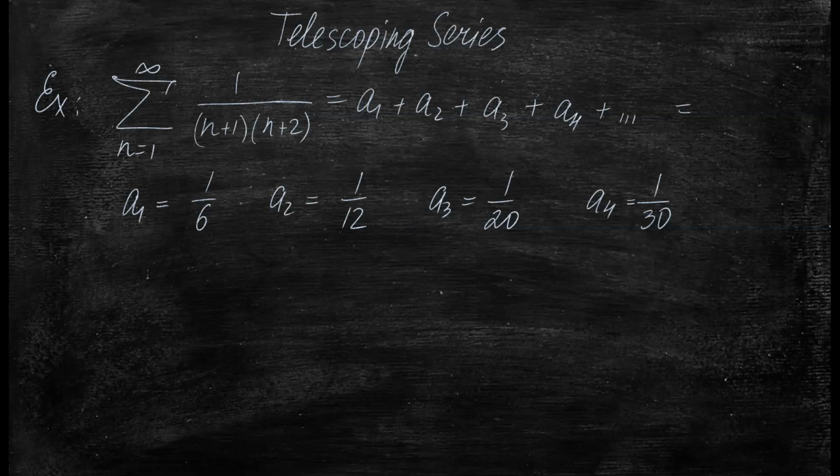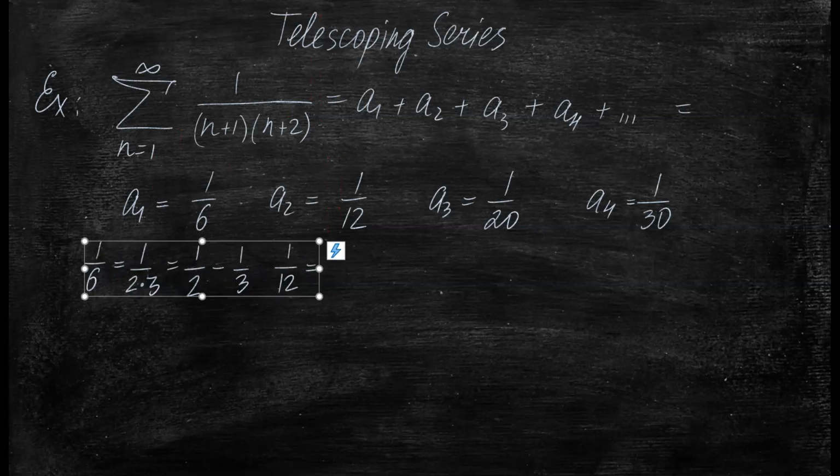So in order for us to see the pattern, we actually have to see deeper, and we have to notice that 1/6 can be expressed as 1/(2 times 3), and it can be expressed as a difference of these two fractions. Similarly, 1/12 can be expressed as a difference of what two fractions?